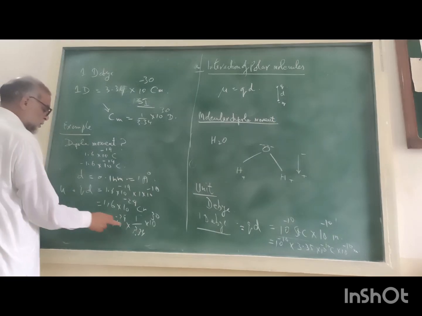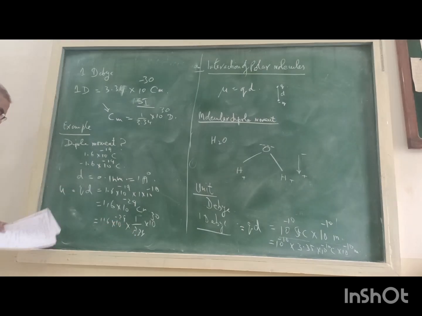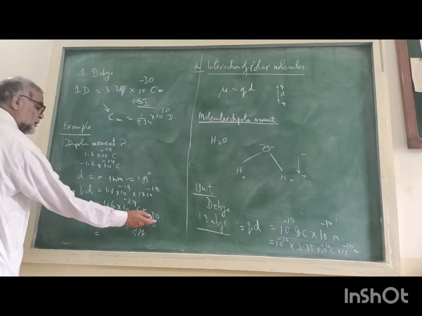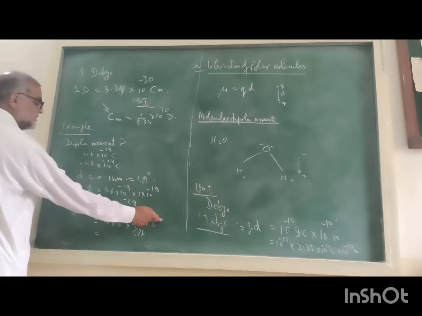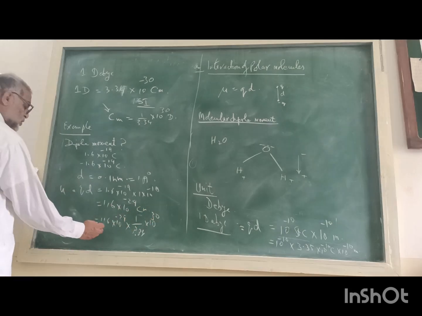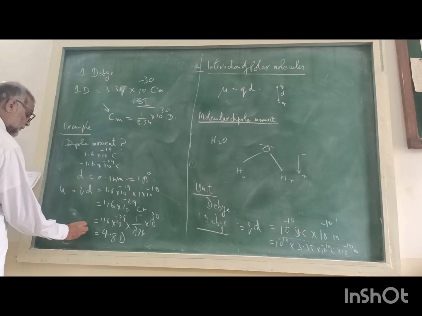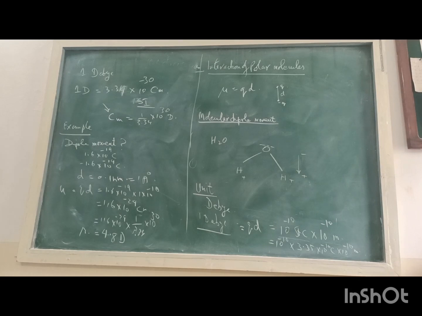So 1.6 divided by 3.34, multiplied by 10 to the power minus 29 over 10 to the power minus 30, so 10 here. So it's like 4.8 debye. That is the electric dipole moment between two charges. Let us finish here.